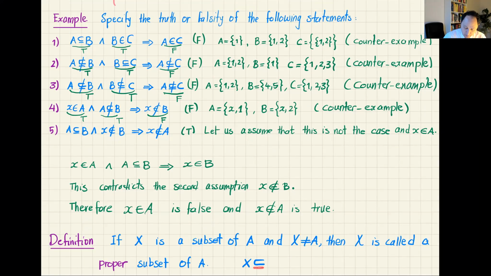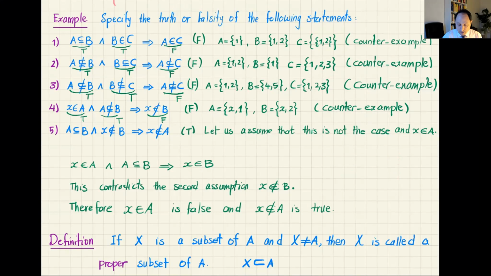Usually when we say a subset, we put this, but now I will take it away and I just write X is a subset of A. This is not universally adopted, but especially in more modern books, we have this one. This is comparable with a strict inequality between numbers. But as I told you, older books use this symbol for being a subset.